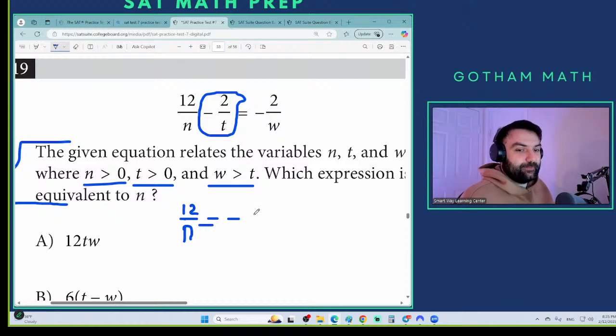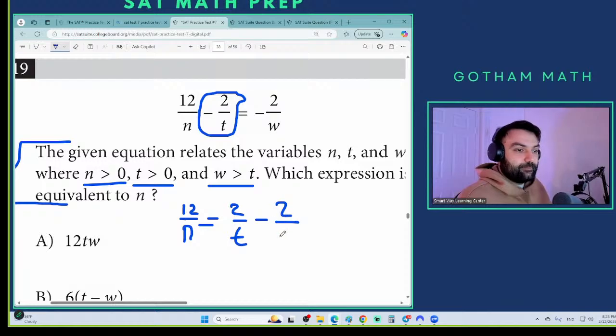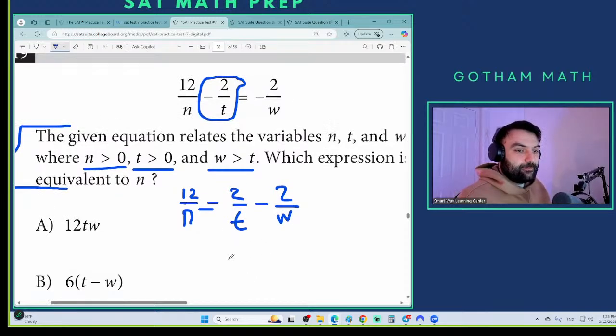So it's going to be negative 2 over w, and then plus 2 over t. Why not write plus 2 over t first? It's just going to be more aesthetically pleasing. Like that. Now what do we do?